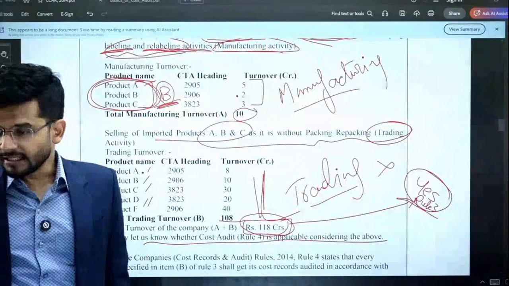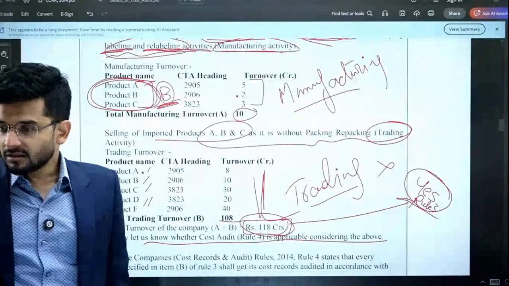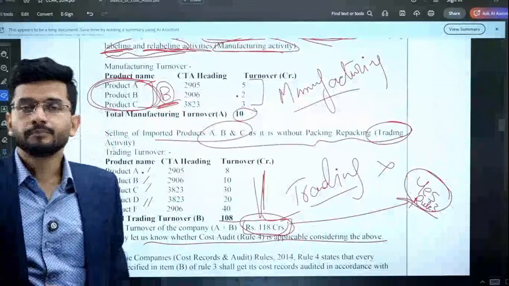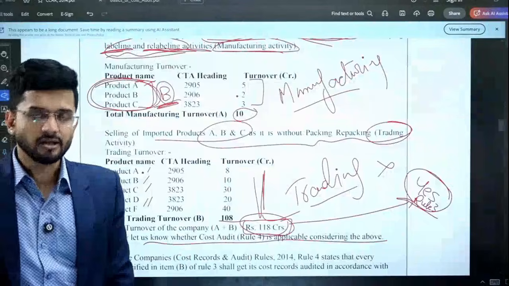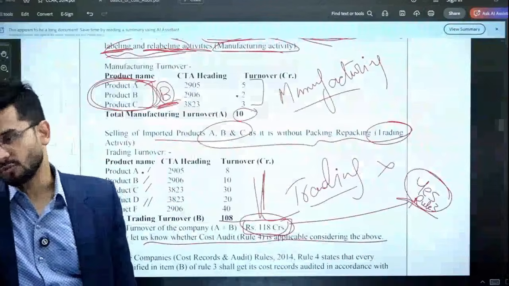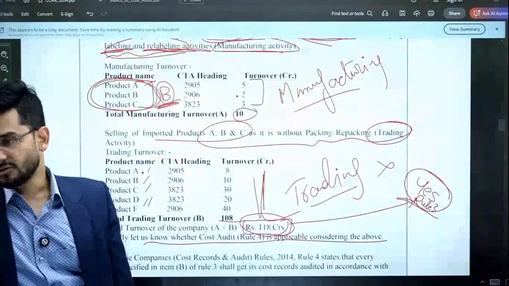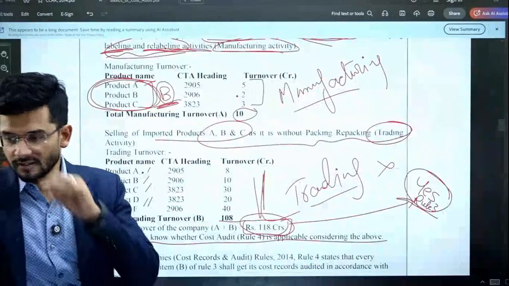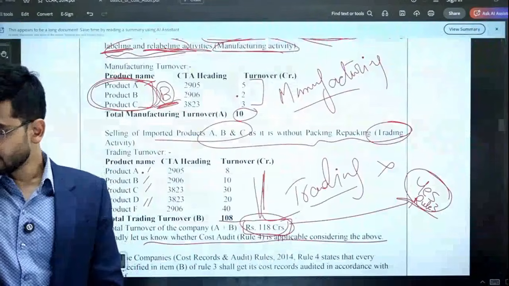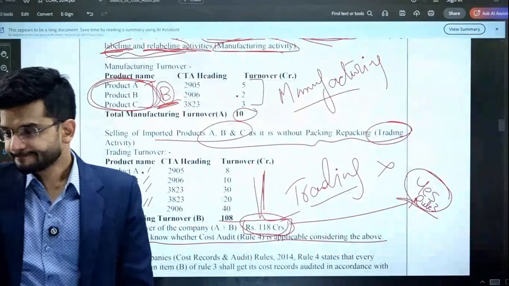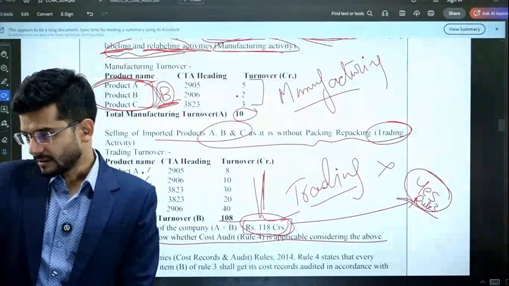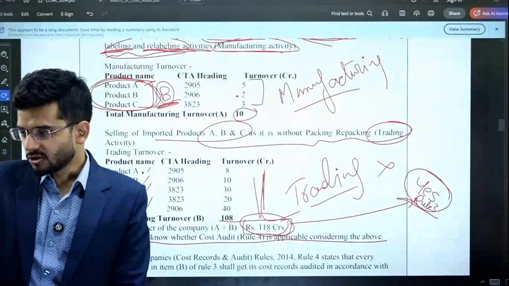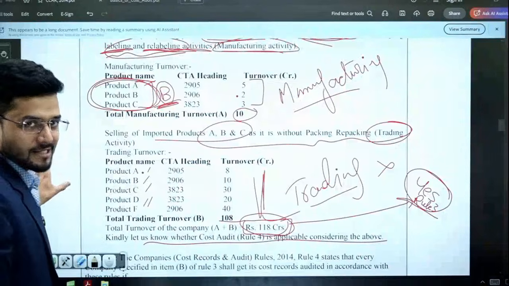The second condition is that the turnover of the products covered under Rule 3 should be 35 crores or more. Tell me in the chat box whether that condition is met. No, cost audit not applicable. Very good answer.